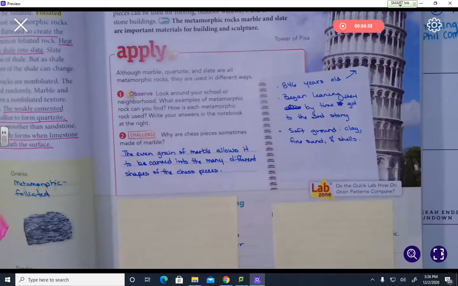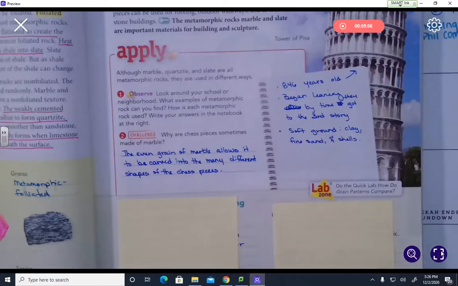And then the challenge question that they have is, why are chess pieces sometimes made of marble? And the answer to that is the even grain of the marble allows it to be carved into the many different shapes of the chess pieces. I don't know if you guys have ever played chess, but there are many different shapes and different grooves to the pieces, and the marble is very even grained.